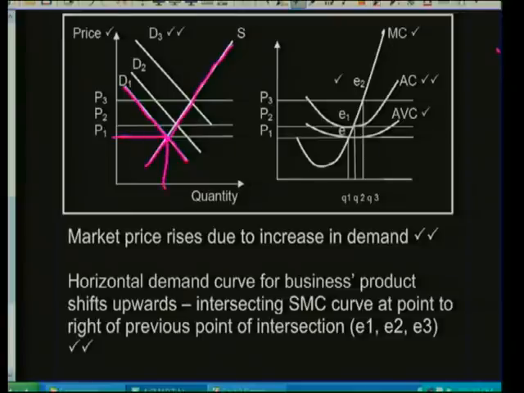As demand increases, and that is for any other reason but not because of a change in price, you will have a new demand curve to the right, so it changes to that side, and as a result of that, you will also have a new price. So as demand increases and supply remains the same, the price will increase from P1 to P2.